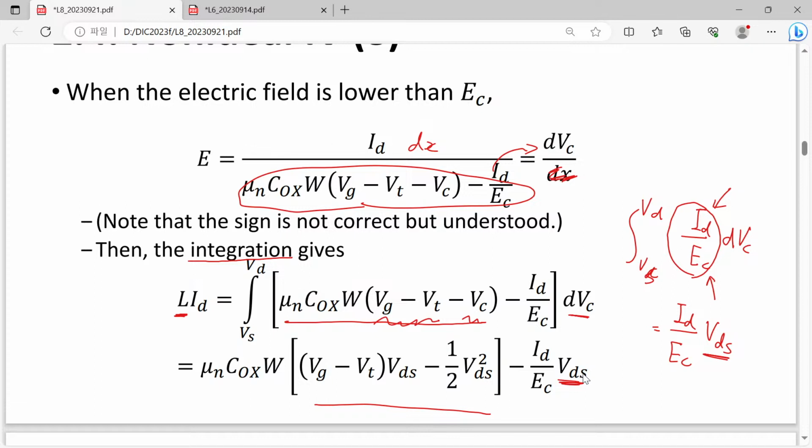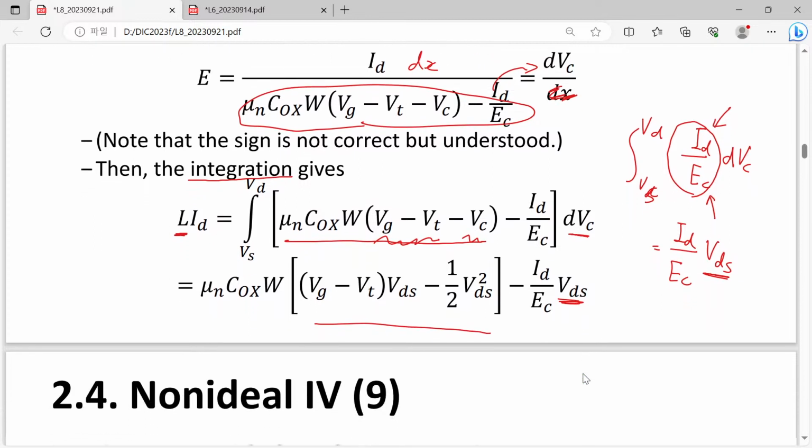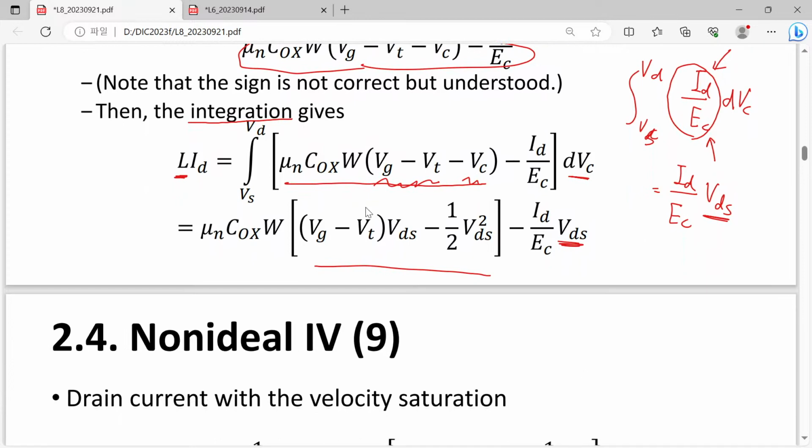Any further questions? Please feel free to ask me. So now you can understand that when we introduce the additional effect called velocity saturation, it introduces only one additional term compared with the previous long channel derivation.